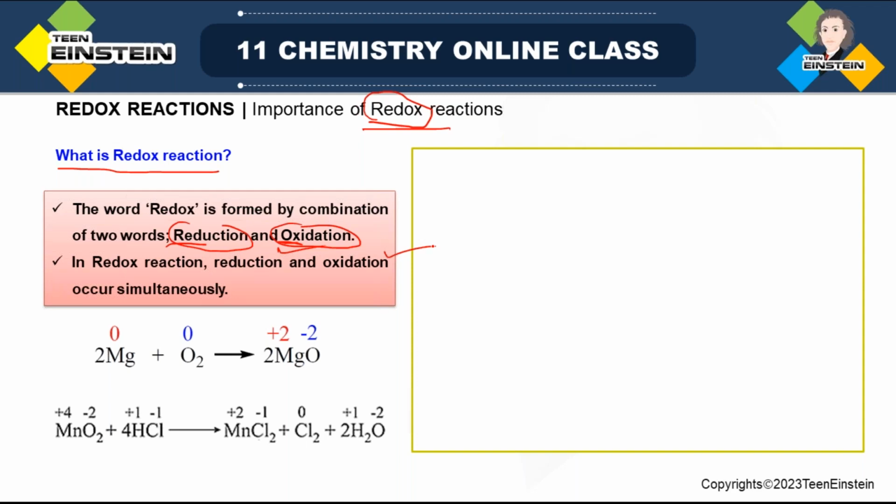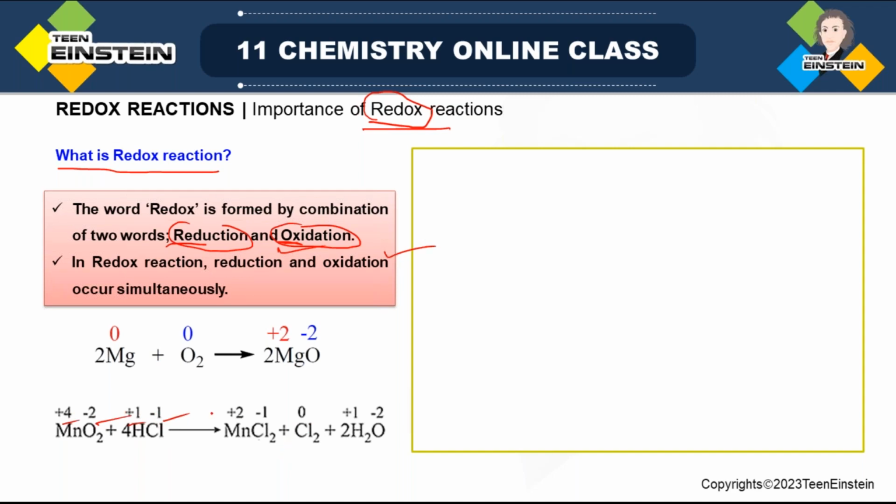As for example, here you can see two equations are written and there are some numbers written above the atoms. Right now you will not be able to fully understand what these numbers mean, because these numbers are basically oxidation numbers, which we will discuss in detail.